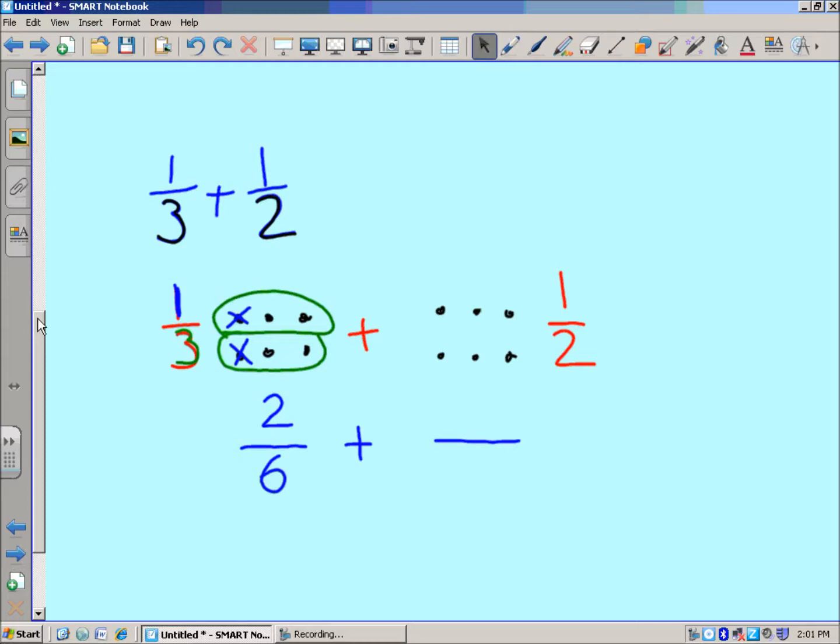So let's take a look at that. 1/2. The denominator tells us 2. You're probably thinking, we have to look at groups of 2. Exactly. Okay. Now, numerator, 1. Just like that first fraction, 1/3. 1 is our numerator for 1/2.